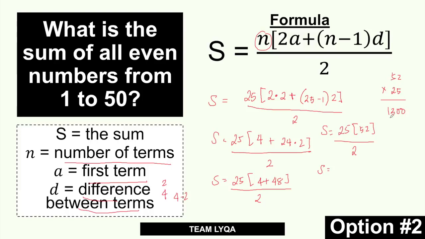Pero I just prefer this part kasi pag nagme-mental math ka, mas madali na yon. Again, ang ginawa ko dyan is basically 52 divided by 4. So 52 divided by 4 is 13. Tapos kasi bawat apat na 25 ay 100. So dinagdag ko lang dalawang 0. So 1300 yung 52 times 25.